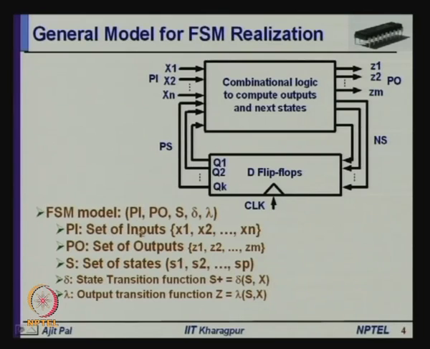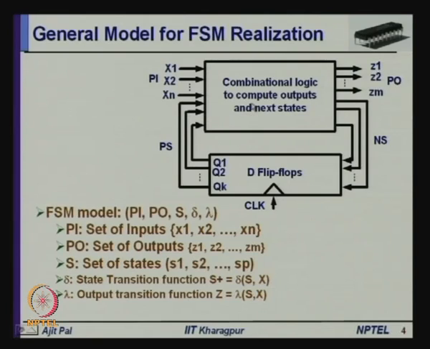Pi is a set of inputs; it will have a set of primary inputs x1, x2 up to xn, n primary inputs. It will have a set of outputs Z1, Z2 up to Zm, so m primary outputs, which are produced with the help of this combinational logic circuit.